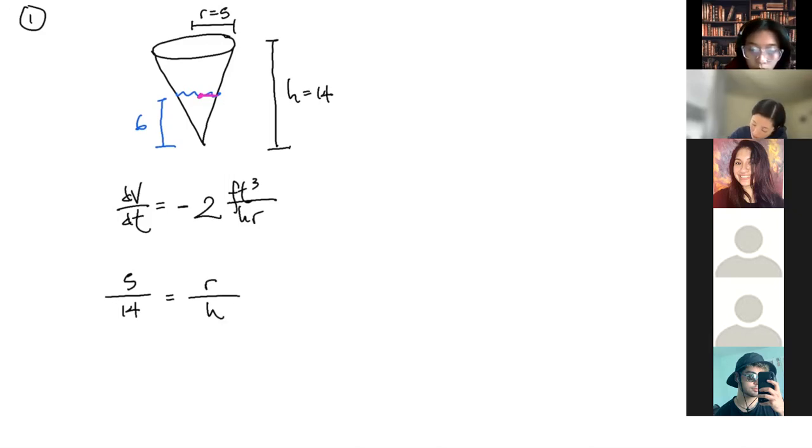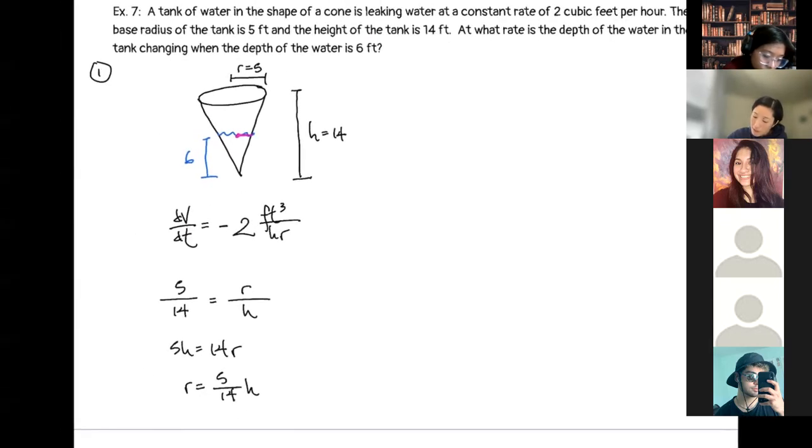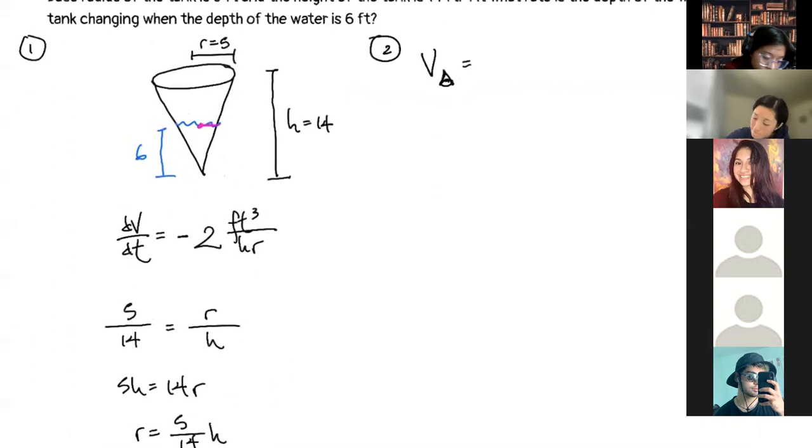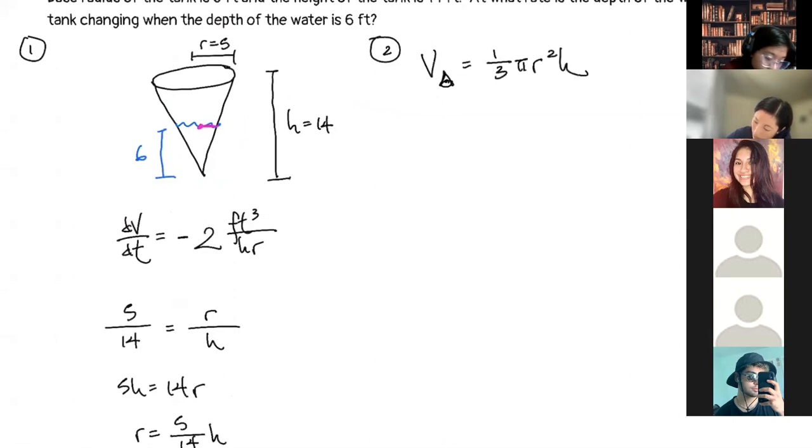I'm going to cross multiply here, and then I'm going to say R equals 5/14 times H. My starting formula here is going to be the volume of a cone, which is not a formula we've seen yet today, but is 1/3 pi r squared h.